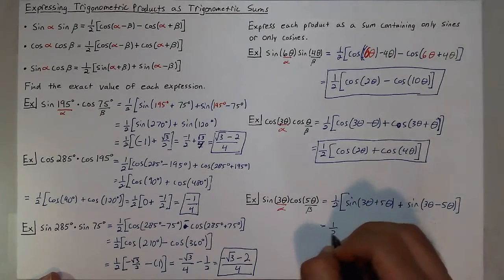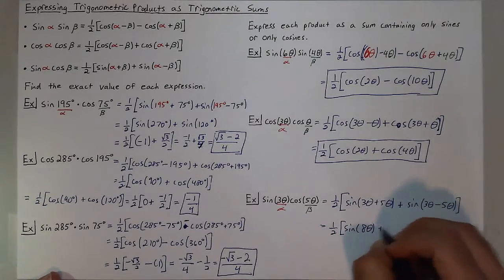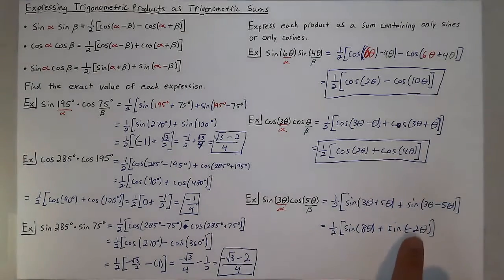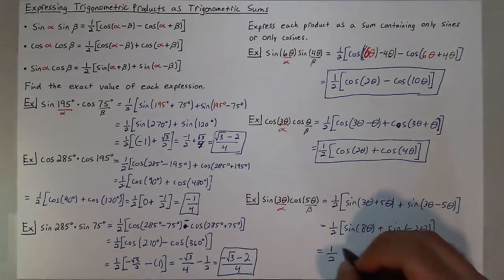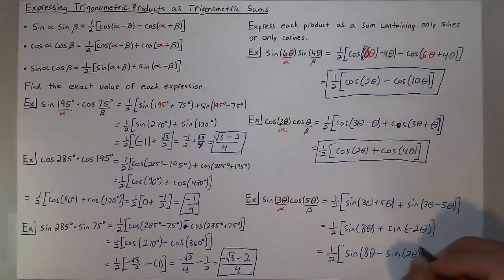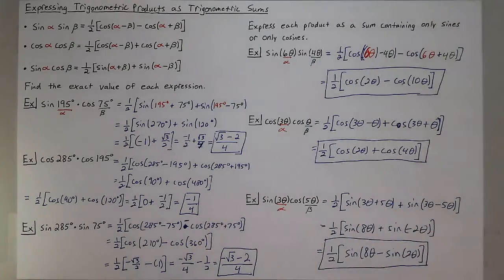Now when I go to simplify, something interesting happens here because I get sine of 8 theta plus sine of negative 2 theta. That is a negative coefficient inside of my sine function. So I can actually use that odd property for sine to move that negative out front. So now they're being subtracted instead of added. So I get 1/2 of sine of 8 theta minus sine of 2 theta. So again, I went from a product of sine and cosine to a sum of sines. And that is how you express trigonometric products as trigonometric sums.